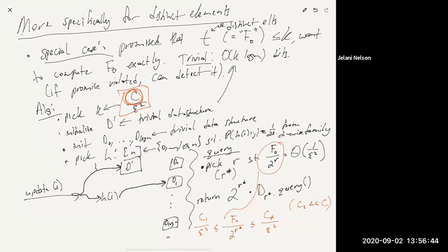So the number that we expect to see there is going to be F0 over 2 to the R star, plus or minus the standard deviation, which is going to turn out to be the square root of the expectation. So that's going to be something like plus or minus O of 1 over epsilon, which is the same thing as 1 plus or minus O of epsilon times F0 over 2 to the R star.